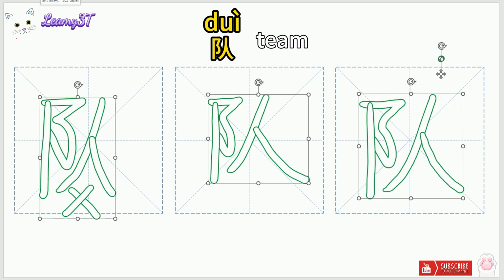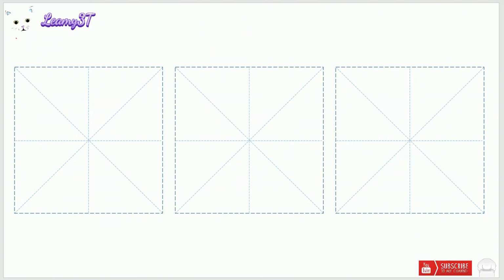This character is 对. This word means team. Let me explain again.